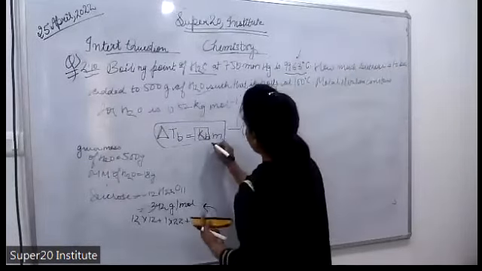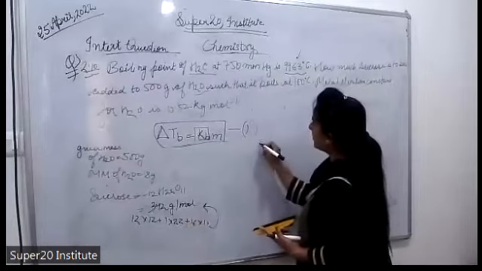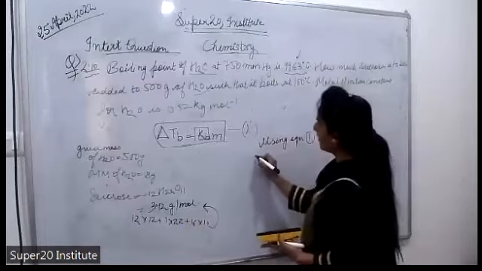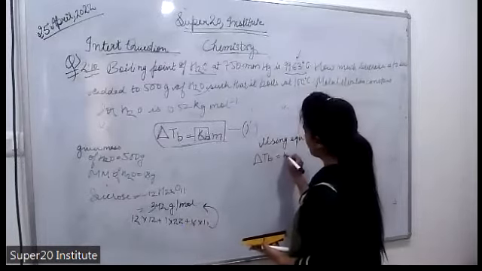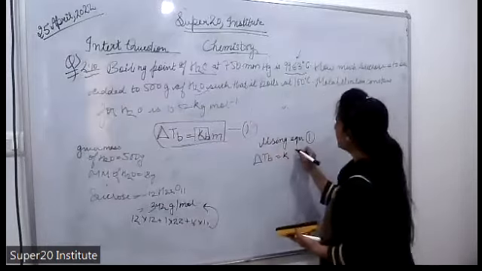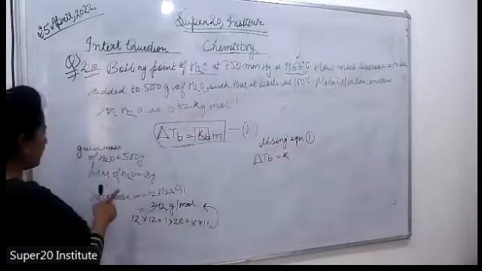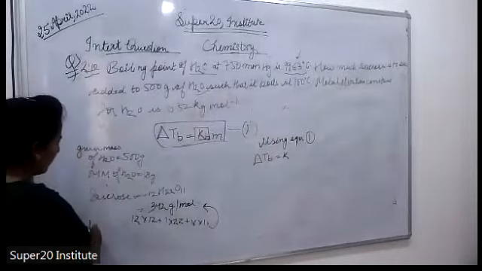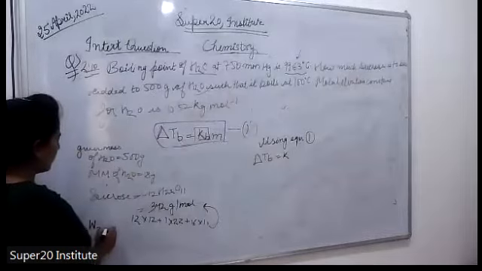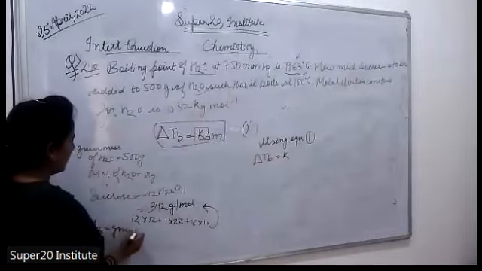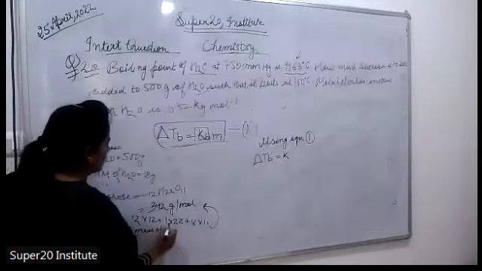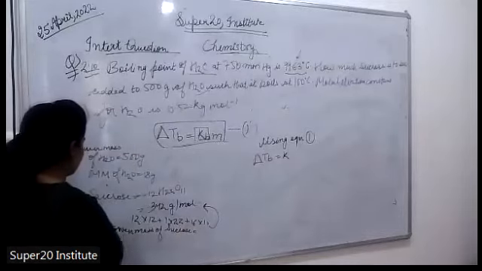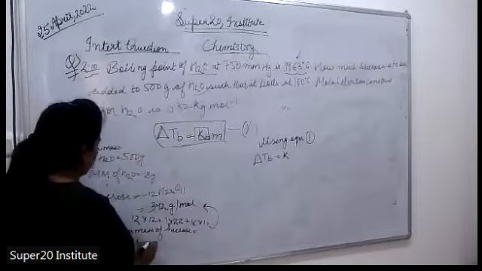So using equation number 1, okay, delta TB will be equals to KB. What is the formula for molality? Here given mass of sucrose will be W2. Okay, given mass of sucrose and M2 will be molar mass of sucrose.